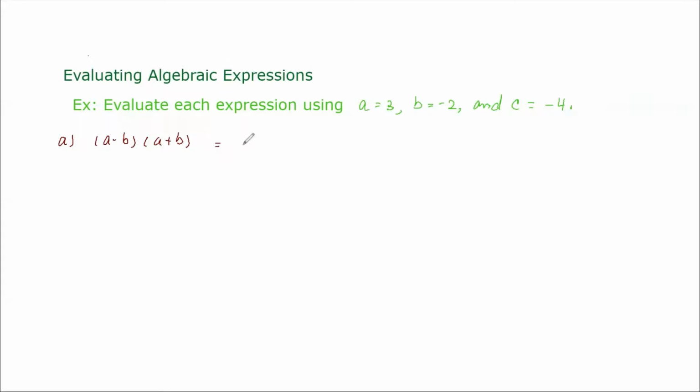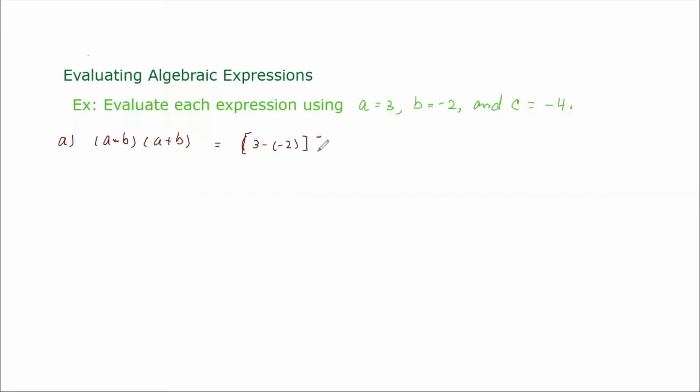So you replace a with 3. You open the bracket first, 3 minus, and then b is equal to -2. So you write down b as negative 2, and you write the big bracket.